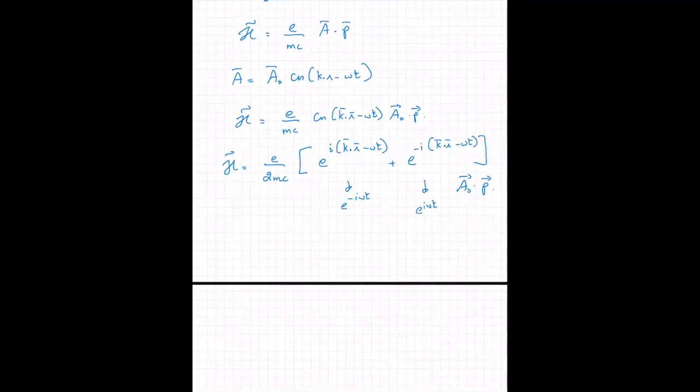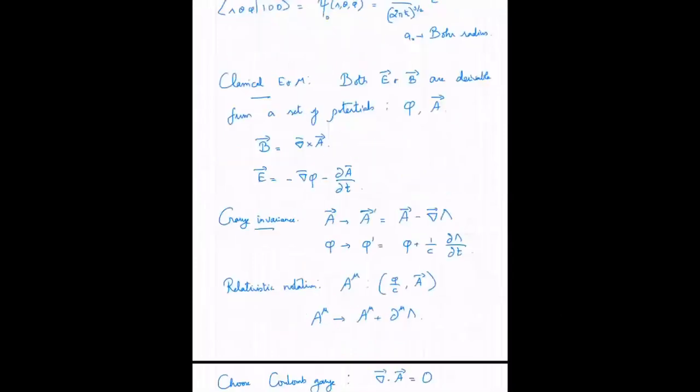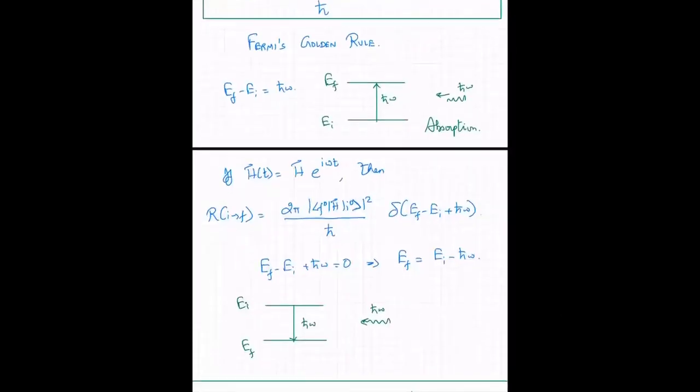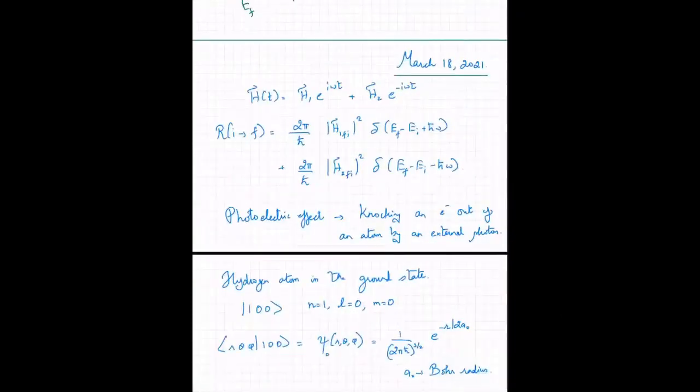So remember from our discussion during the start of this module that if you have a general perturbation like this, then the e to the minus i omega t refers to the absorption part, and e to the plus i omega t refers to the emission part, right?